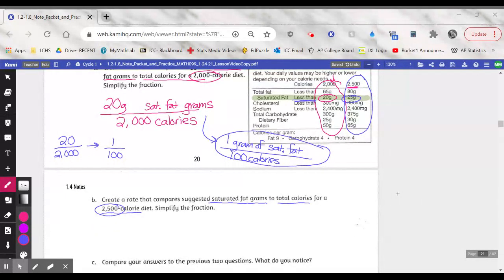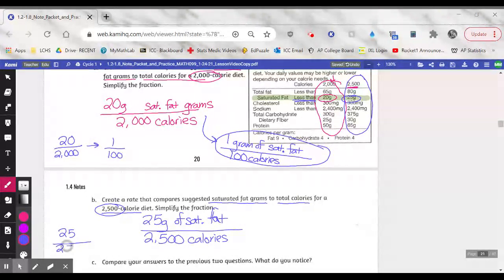So for this one, I'm going to write it as 25 grams of saturated fat for every 2,500 calories. And we can go ahead then and simplify this in our calculator as well.